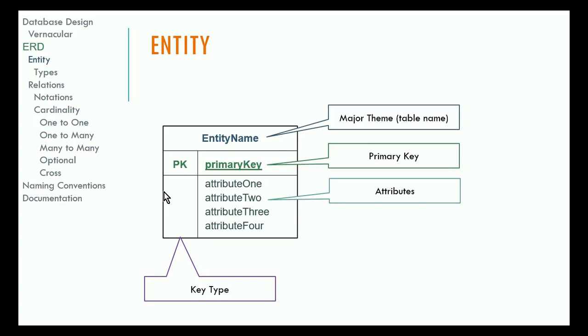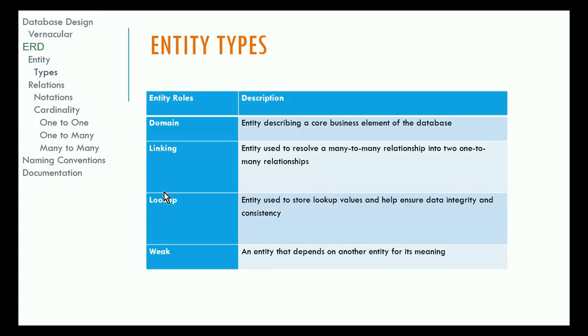I know in Microsoft Visio, it'll look very similar to this, but in other drawing tools, it may look a little bit different. The important thing is we should be able to easily identify which of the attributes is a primary and a foreign key. We should be able to easily figure out what the entity's name is, and we should see a list of all of those attributes. So these are the four basic parts of an entity in an entity relationship diagram.